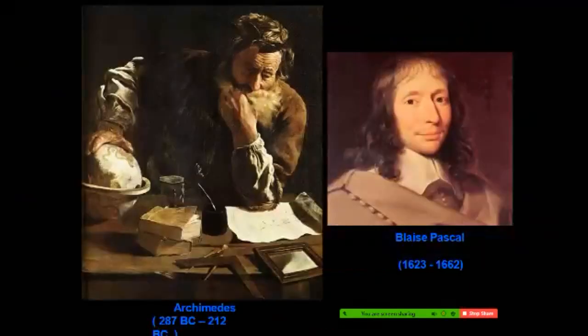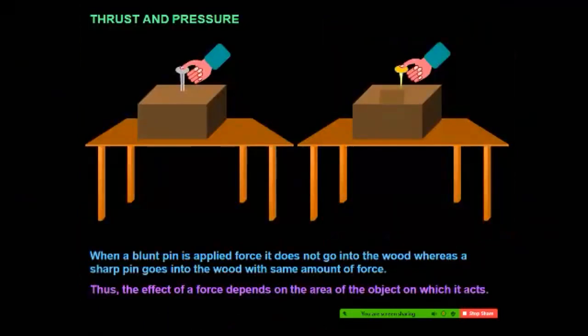So you know very well Archimedes and Blaise Pascal. Thrust and pressure, students: whenever I apply pressure on the table, when force is applied with a blunt pin, it does not go into the wood, whereas the sharp pin goes into the wood with the same amount of force. The reason is that the effect of force depends on the area of the object on which it is acting.